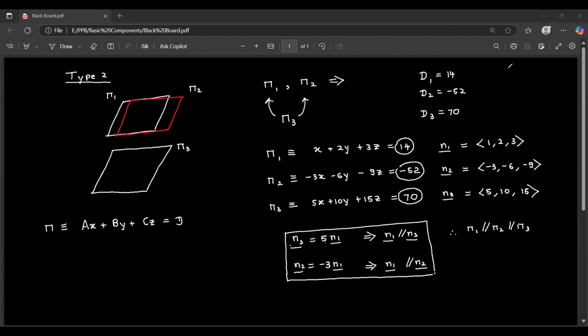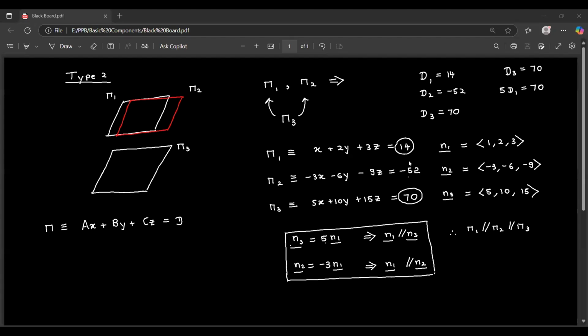Okay, so here we came up with n3 is equal to 5n1. You check the same thing. d3 is given as 70. What about 5d1? Surprise, surprise. 5d1 is also 70. Minus 52 is fine, perfectly fine.